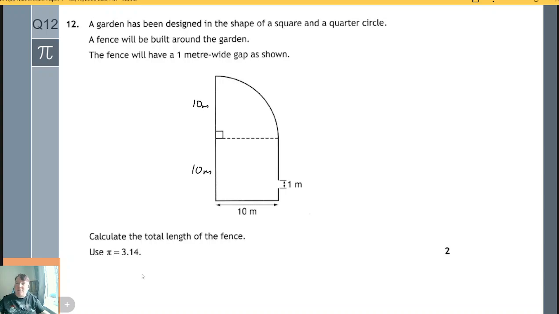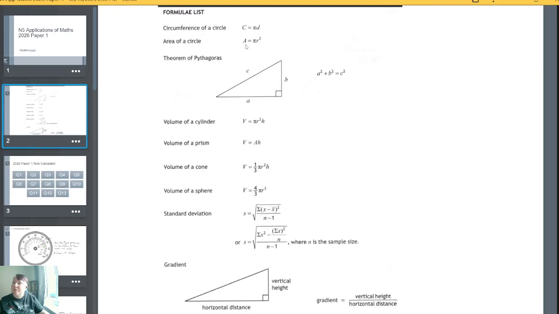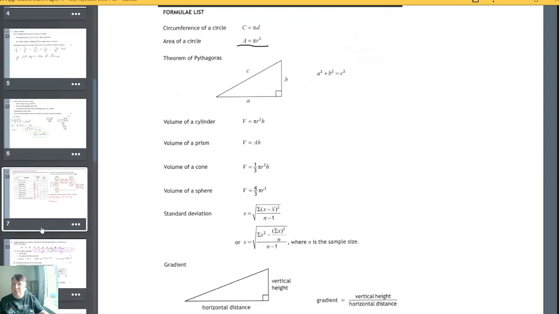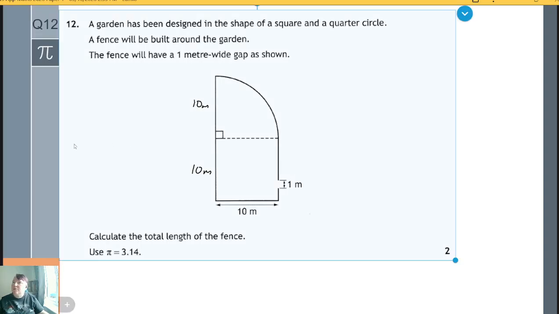So we need our area of a circle. And we need the formula sheet for that. Area of a circle, A equals pi r squared. So that's it here. Let's get back to our question. Right, so we have got A equals pi r squared.